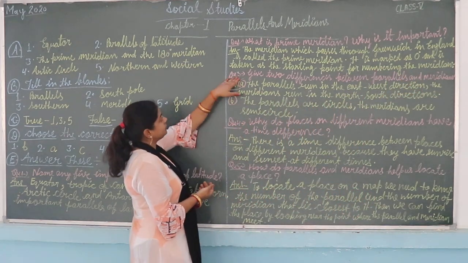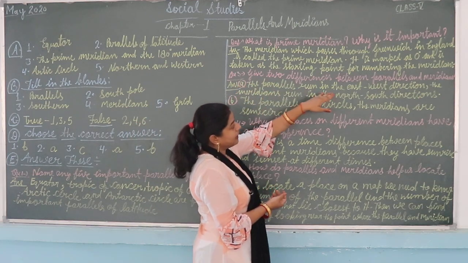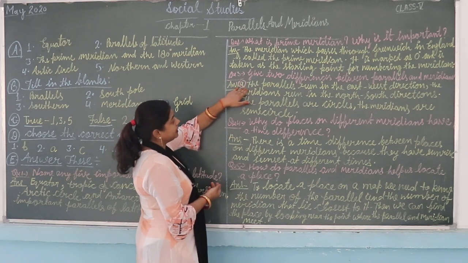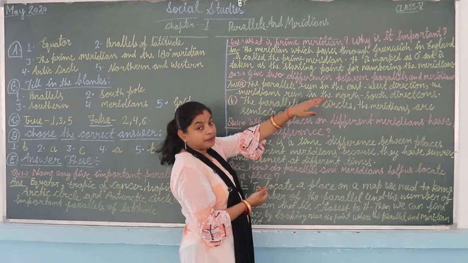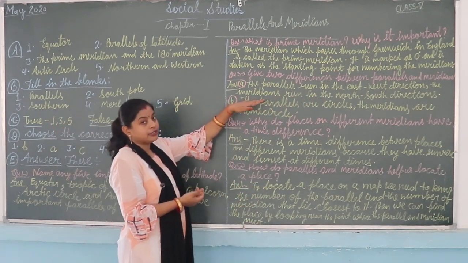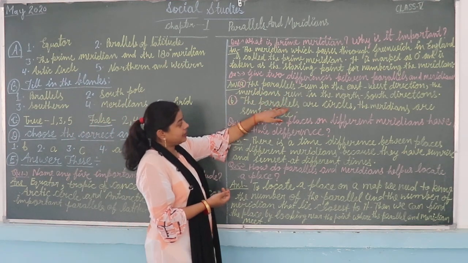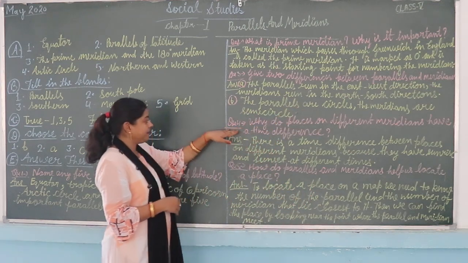Next question. Give two differences between parallels and meridians. First difference, the parallels run in the east-west direction, but the meridians run in north and south direction. Second, the parallels are circles and the meridians are semicircles.